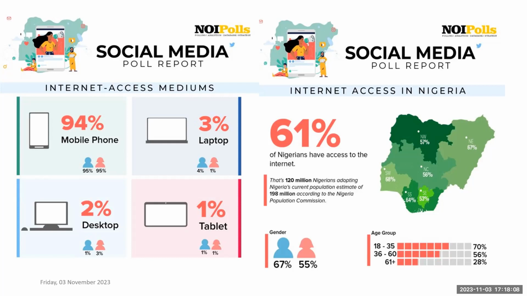Now, if you try to make a distinction of the age groups that have access to the internet, you realize that of these 61%, those between the ages of 18 to 35, only 70% of them have access to the internet. Those who are 30 to 60, only 56% of them have access to the internet. And those who are 61 years and above, only 28% of them have access to the internet.